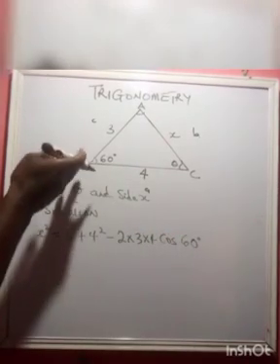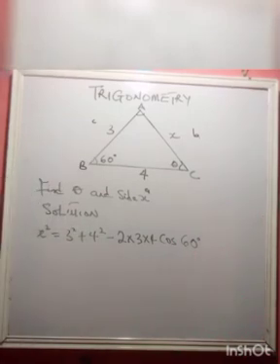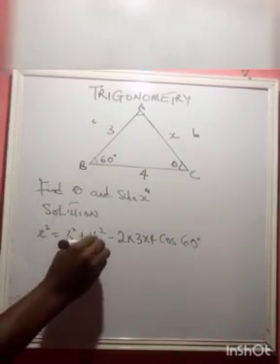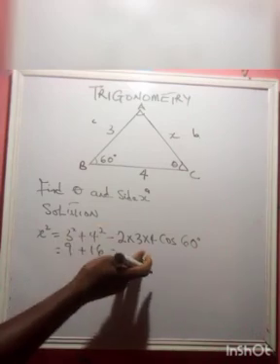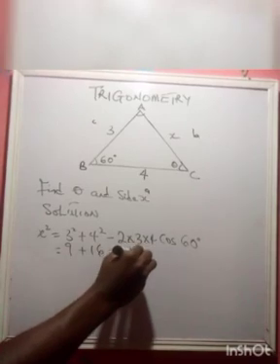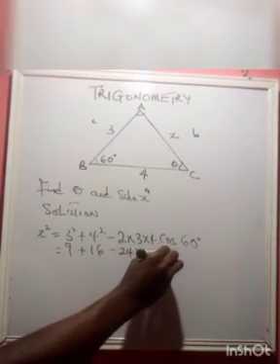Take note, our x is opposite angle B. So we have 3 squared as 9, 4 squared as 16, and then 2 times 3 is 6, 6 times 4 is 24, times cos 60 degrees.